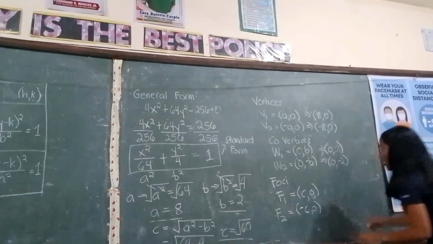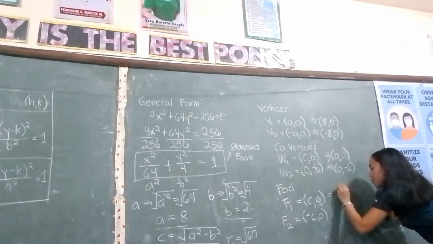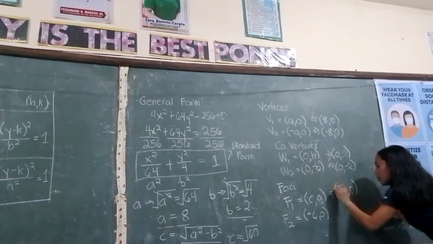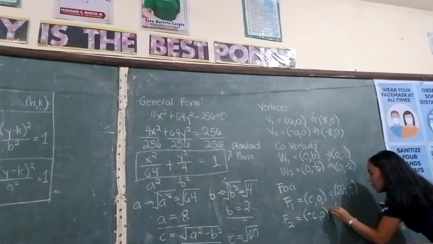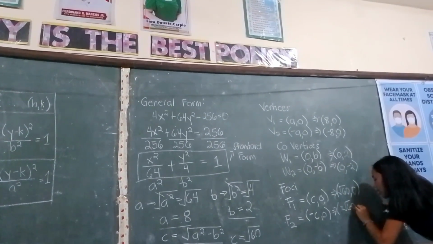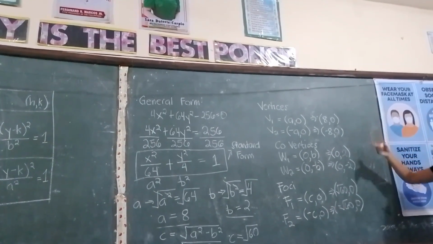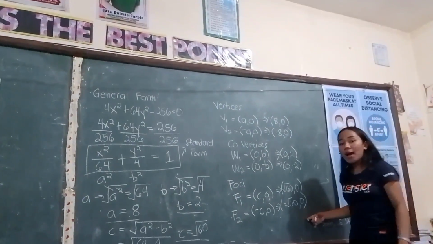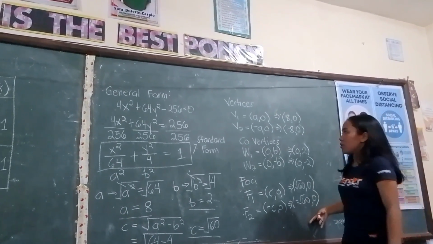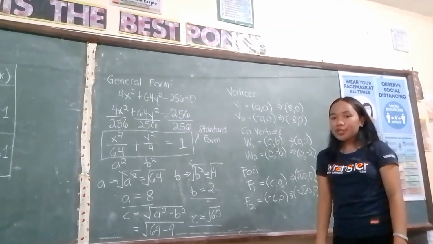So we have here square root of 60 and 0 and negative square root of 60 and 0. With these values or coordinates, we can now graph our ellipse in a rectangular coordinate system.